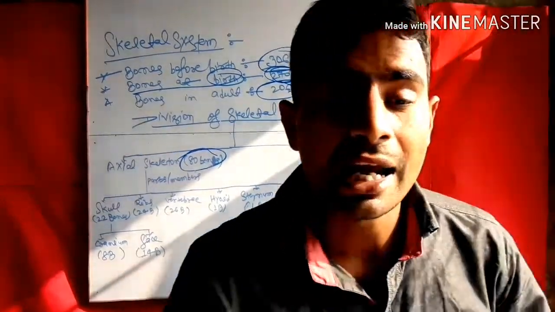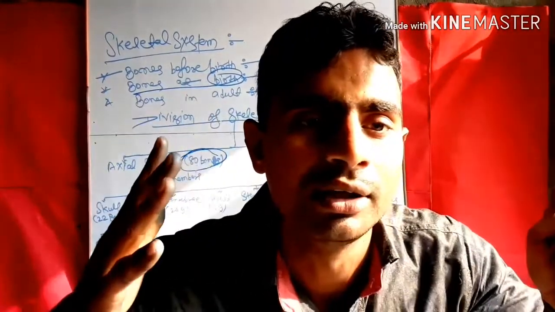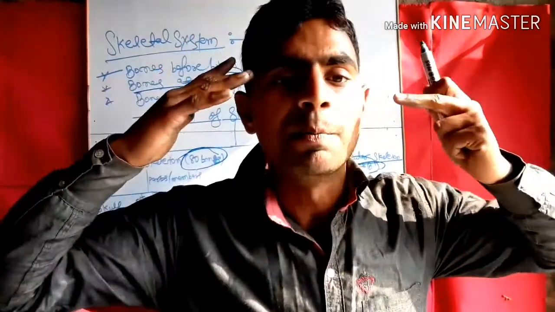What is the cranium? The cranium is called the brain box, because in the cranium the brain is present.